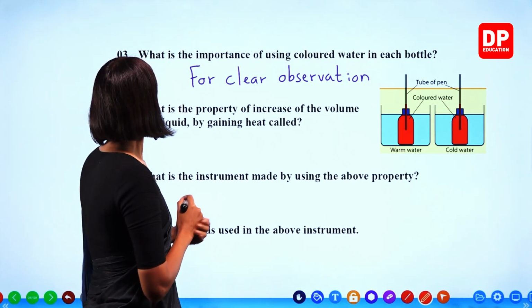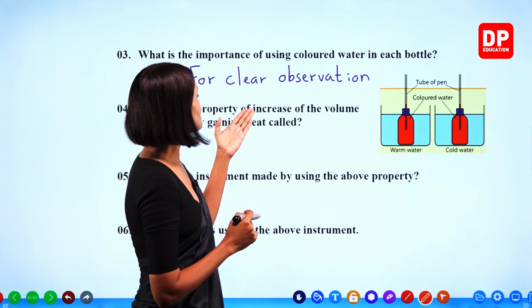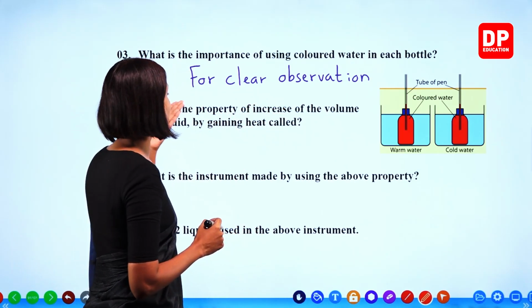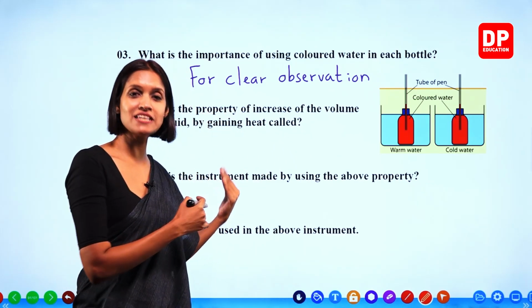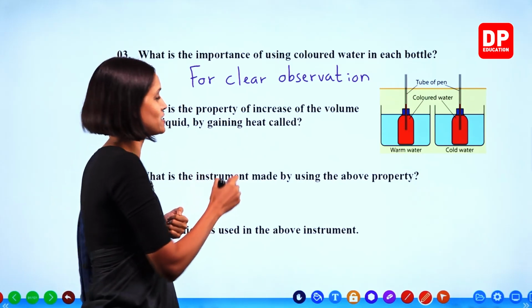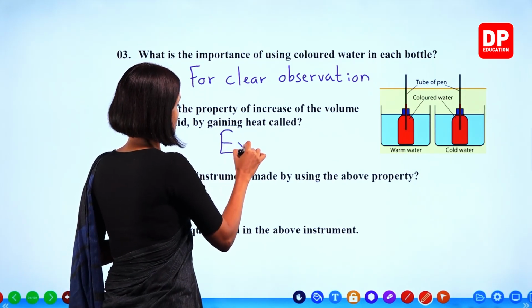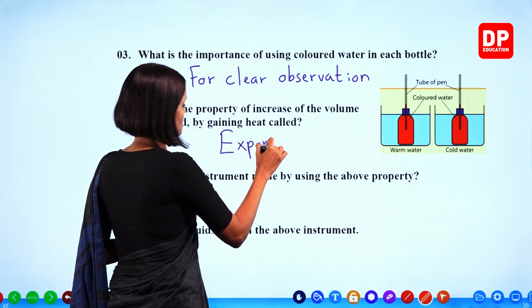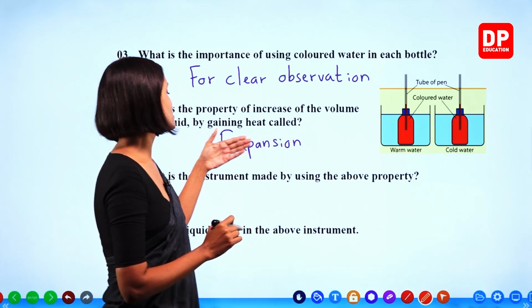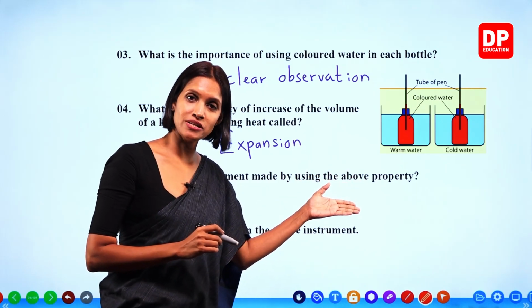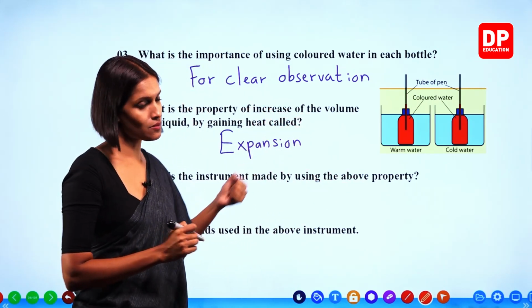Okay, children? What is the property of increase of the volume of a liquid by gain in heat called? Now we already discussed. That is known as expansion. What is the instrument made by using the above property of liquids? Thermometer.